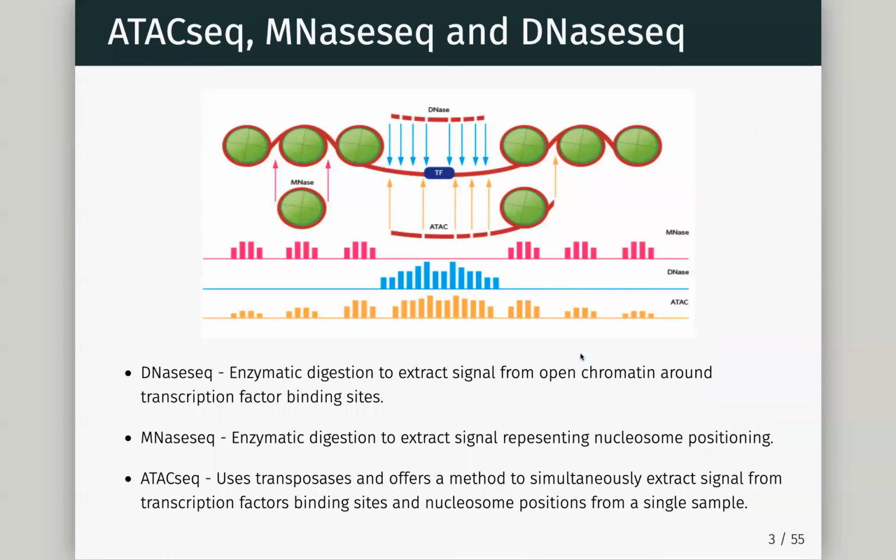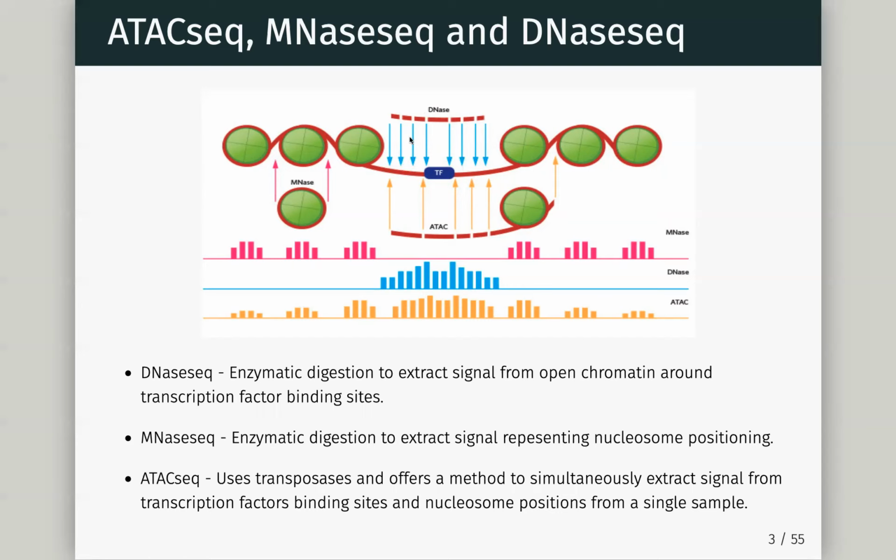So, as I said, this is a great image. I've taken it from someone else, so I probably need to create my own version of this image. But just to give us an idea of the different types of techniques doing something similar, DNase-seq was the enzymatic digestion of open chromatin, really around transcription factor binding sites. And if we have our little model of DNA here, we have our nucleosomes, our histone complexes, and then we have probably, let's say, an enhancer around a transcriptional start site.